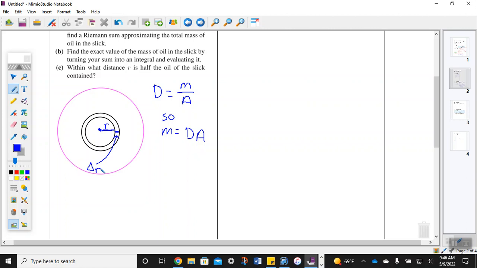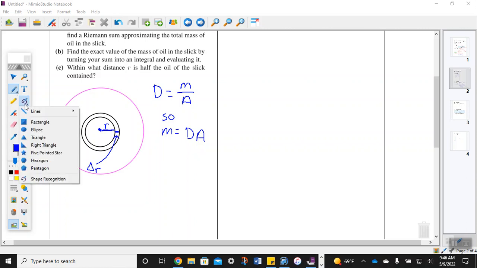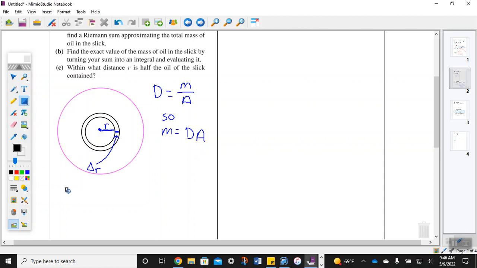Wouldn't a ring become like a rectangle almost? So when I cut this and then unfold it, what we really get is a strip that looks kind of like this. It's like a thin piece of paper. Okay? I'm going to say that this is the delta r part.